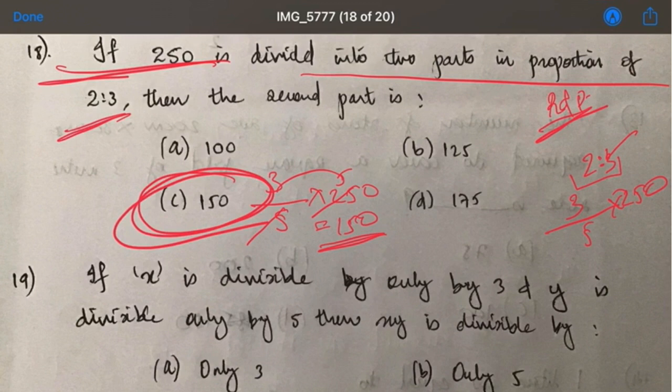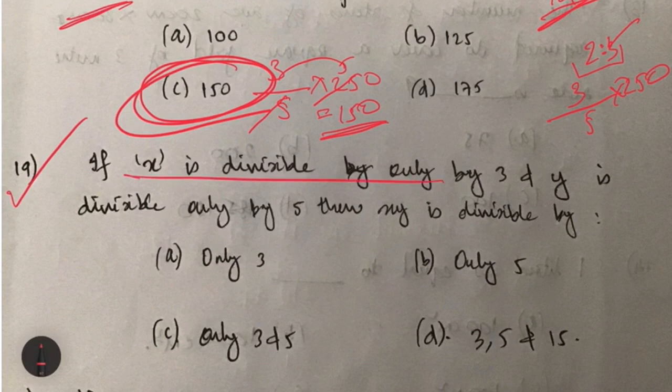If x is divisible only by 3, guys, this is a very important question. I have seen this type of question in several examinations, but most of the candidates get it wrong. If x is divisible only by 3 and y is divisible only by 5, then xy is divisible by?